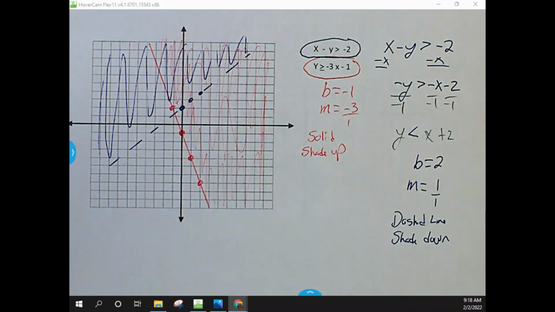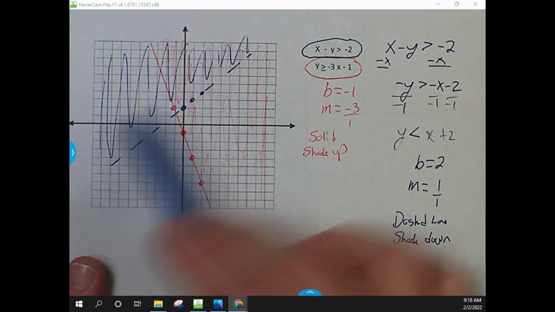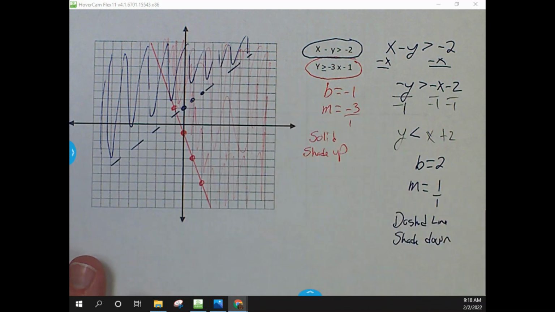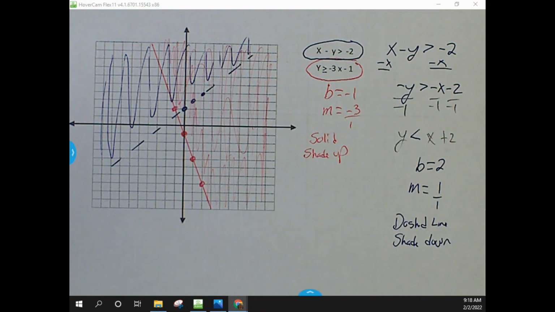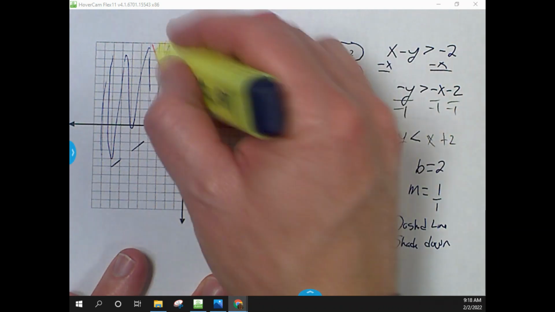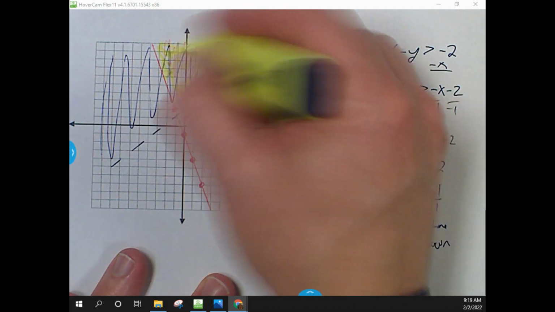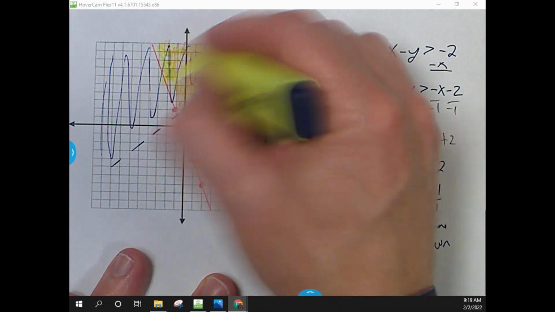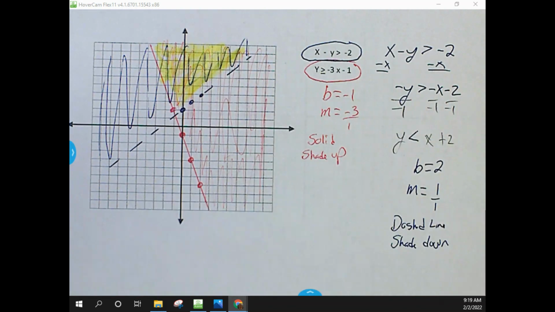Okay, now, and again, on MyMathLab, you won't draw this blue area here, you won't draw the red area here. The only thing you would actually do is take the paint bucket and paint in this little corner right here.